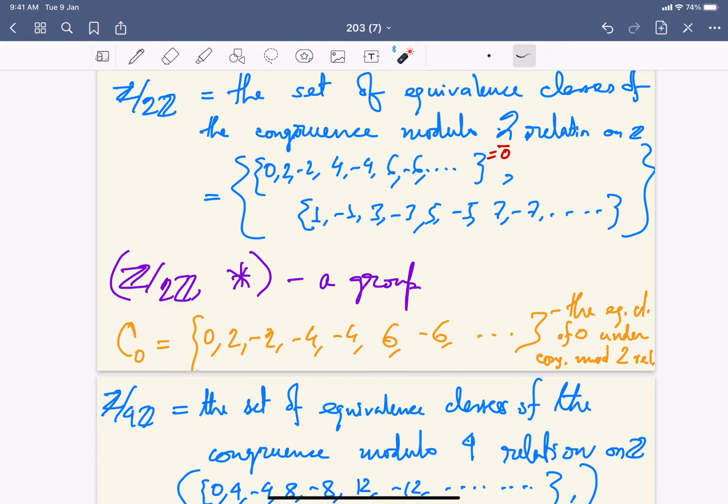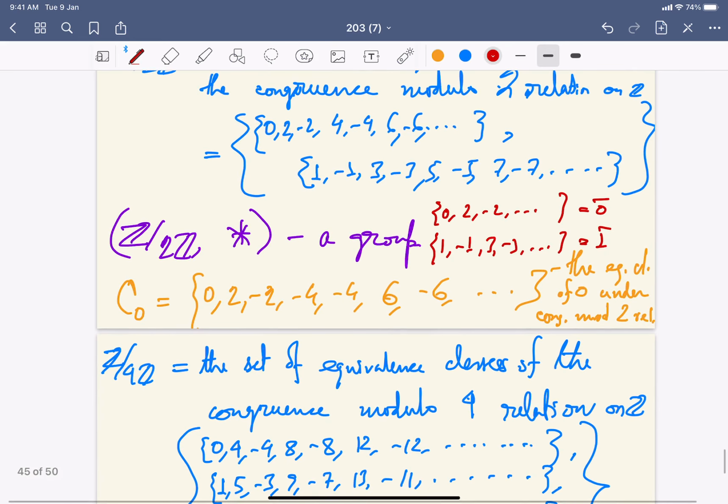Let me rewrite it. We have 0, 2, minus 2, and so on, which is denoted by 0 bar, and the next one, 1, minus 1, 3, minus 3, is denoted by 1 bar. So the equivalence class of 1 is customarily denoted by 1 bar instead of C0 and C1.